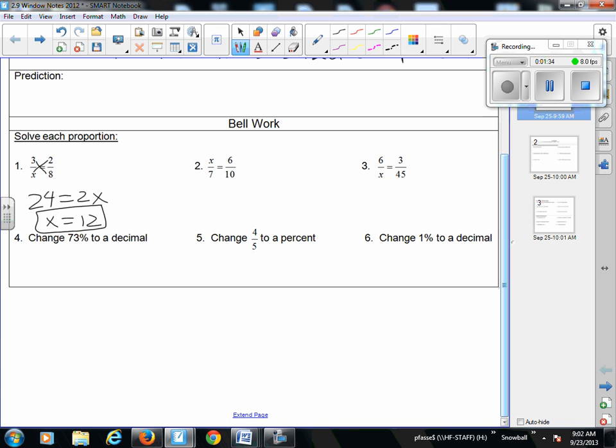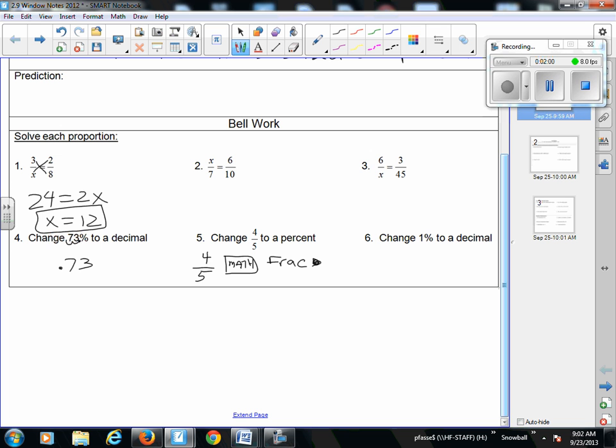Sometimes through the video I might actually say pause the video. Change 73%. Anytime we change a percent, that's 73% out of 100. So as a decimal, we move the decimal place over twice, 0.73. Change 4/5 first in your calculator. If you're unsure, you can hit the math button, math, and then the first one, which I believe looks like this, you simply hit enter.